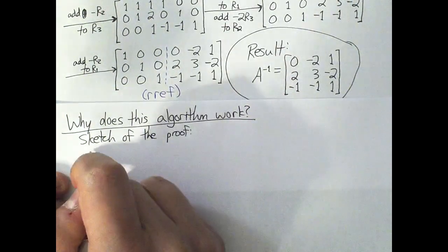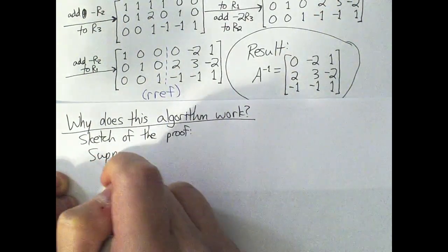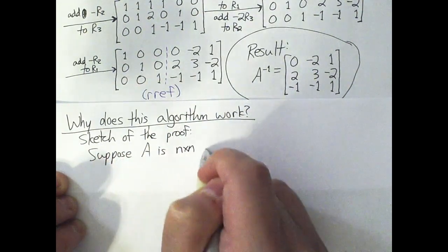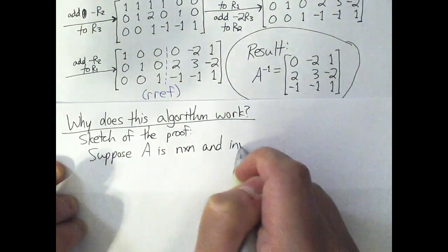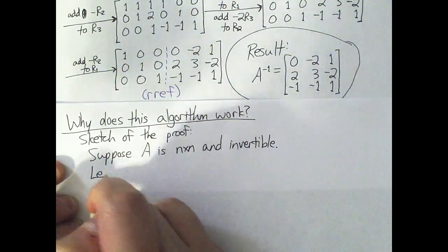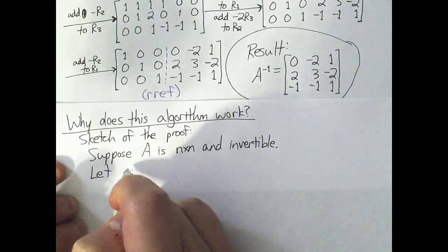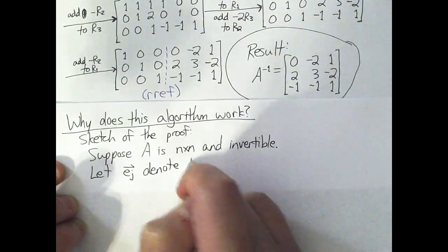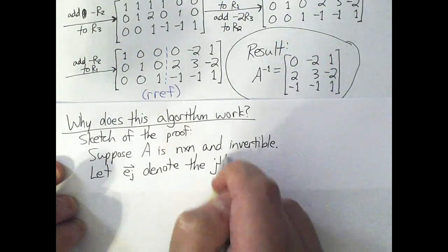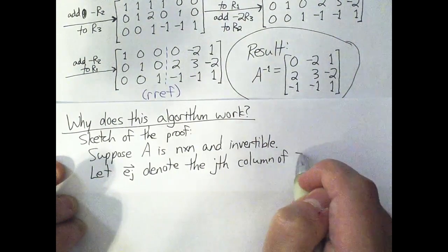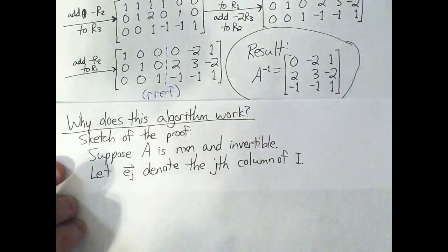So suppose A is n by n and invertible. Let Ej, the vector, denote the jth column of I. We've used that notation before when we talked about linear transformations.